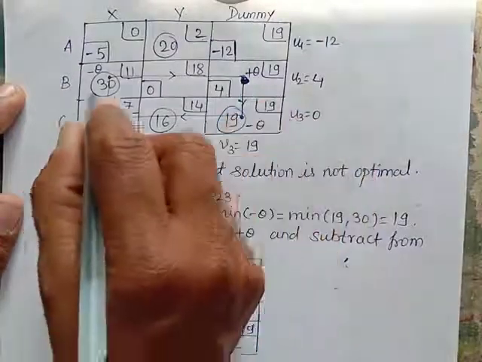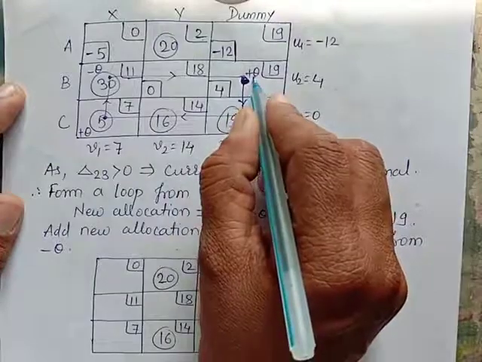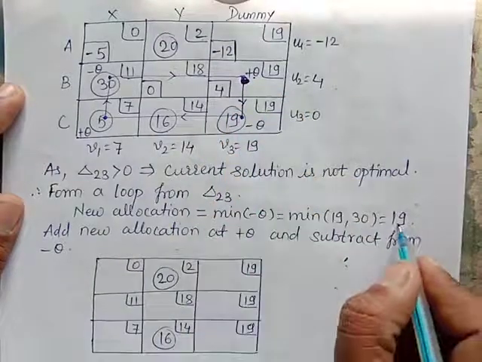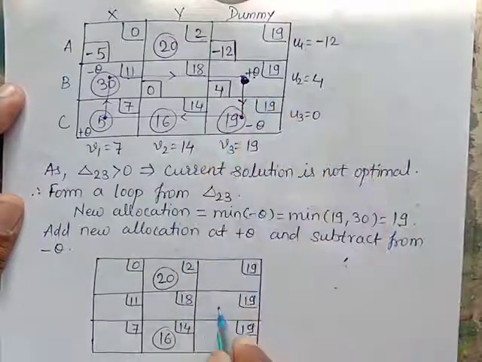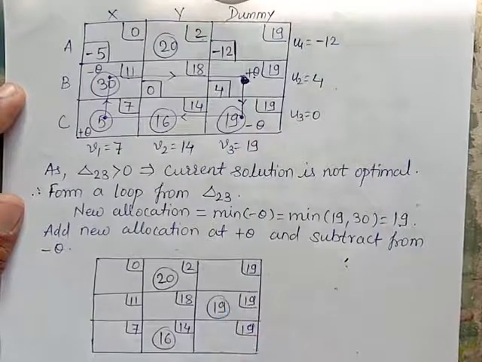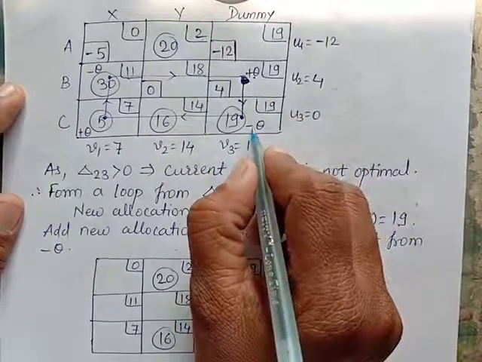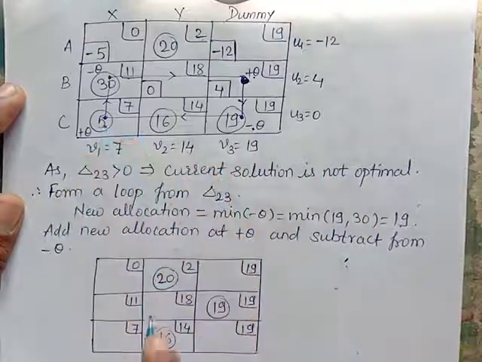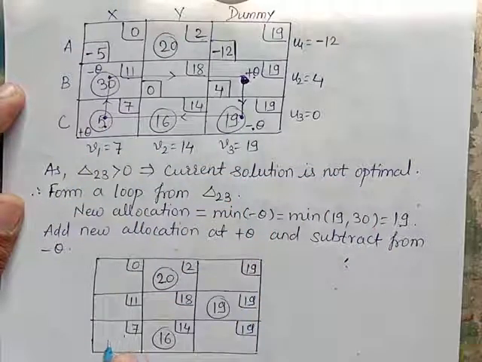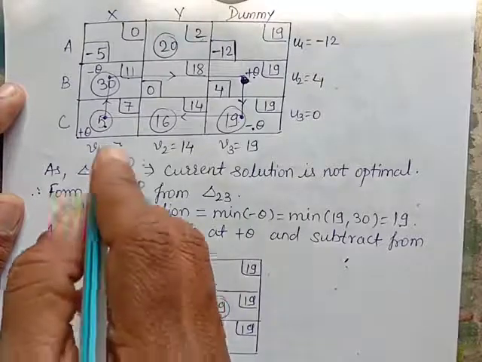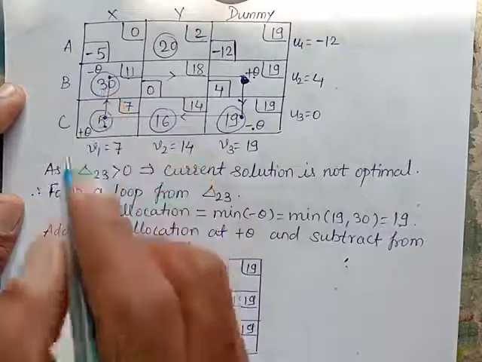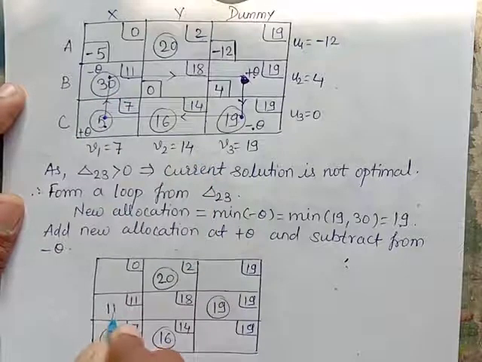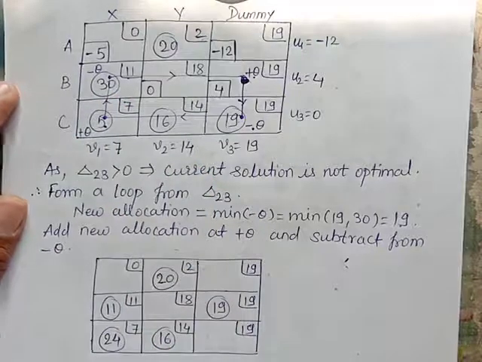Now the allocations will change. At plus theta we have to add 19, so the allocation here will be 19 now. At minus theta we have to subtract, so there will be no allocation now. At 5 we have to add, so 19 plus 5 becomes 24. And here we have to subtract, so 30 minus 19 will be 11. As such, these are the allocations now.